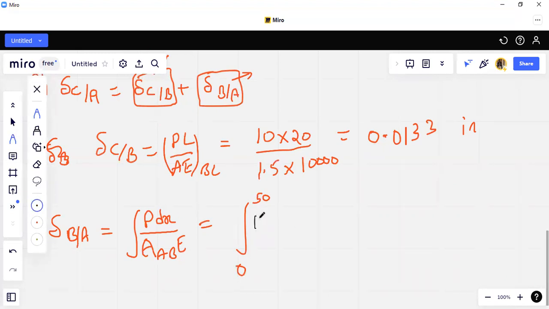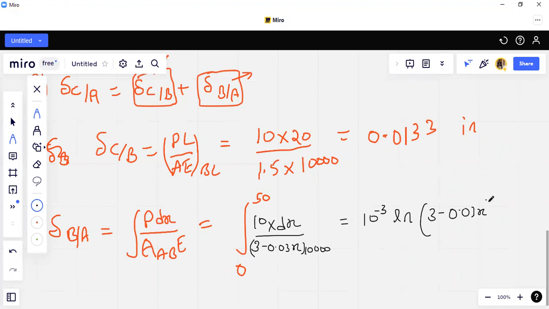And the load is P dx divided by area, which is 3 minus 0.03x, and this 10,000. Okay, so this will be 10 to the power minus 3, and this 1 upon 3 minus 0.03x. This will be logarithmic of 3 minus 0.03x.